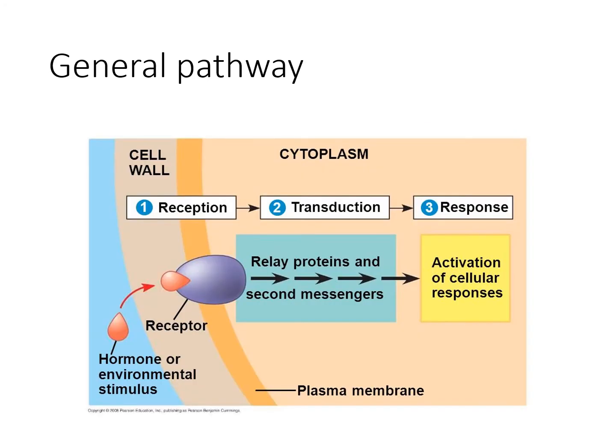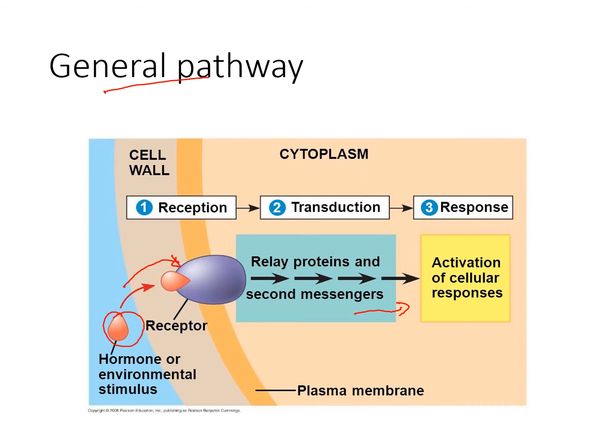This diagram shows the general pathway involved in the signal transduction mechanism. The signal in the form of a hormone or compound from the environment outside the cells will communicate to the cells by attaching to the specific receptor. And this receptor will relay a series of proteins and second messengers until it reaches the activation or alterations in the metabolism.